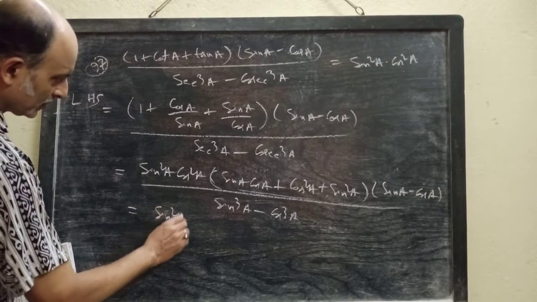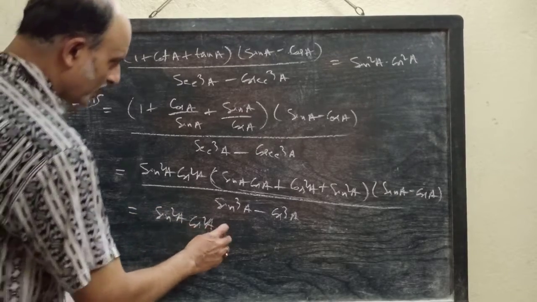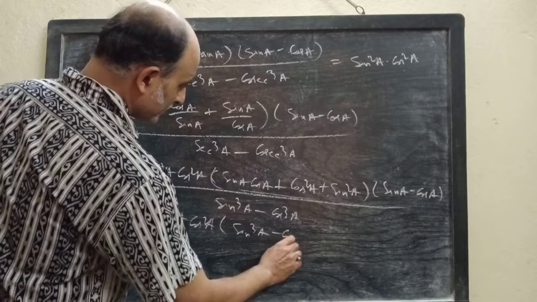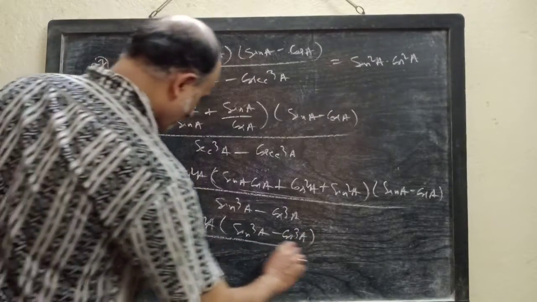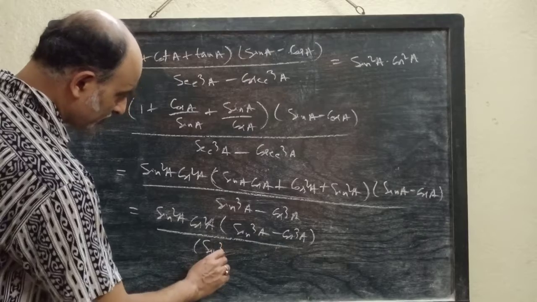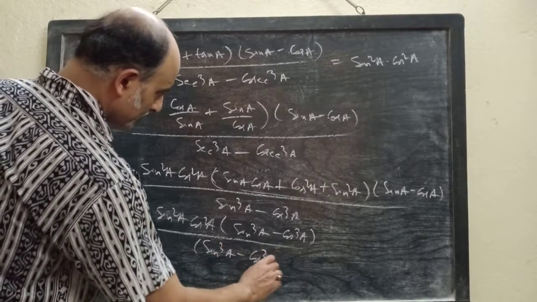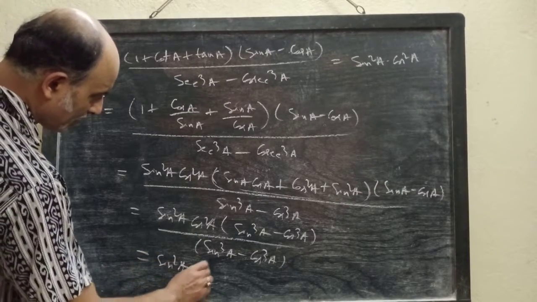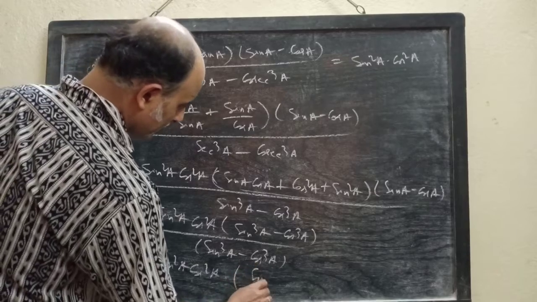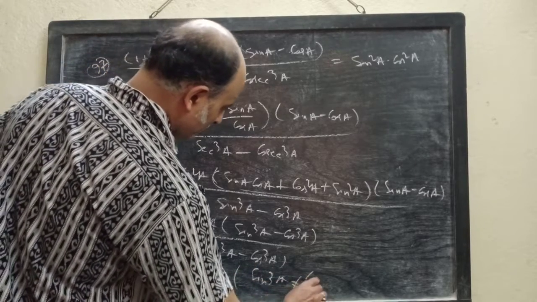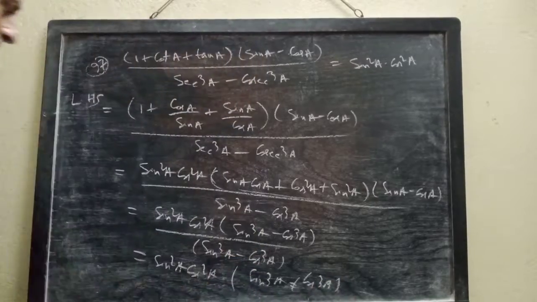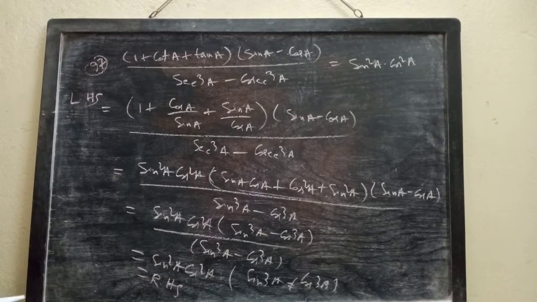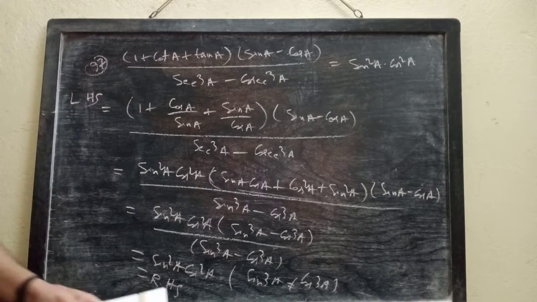So you get sin square A into cos square A, this becomes sin cube A minus cos cube A divided by sin cube A minus cos cube A. So cancelling this factor, you get sin square A cos square A, provided sin cube A not equal to cos cube A. This is the condition for cancelling this factor. So this becomes RHS. Proved. This was 97.